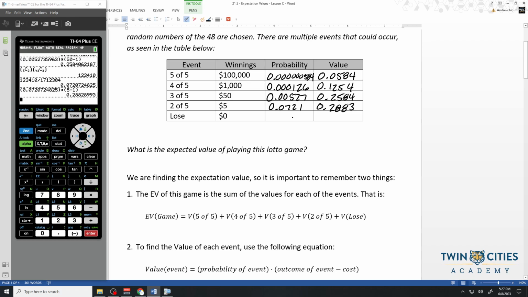I could add those together and say that's my overall probability of winning. So let's first do that. Let's do 0. Let's see, I've got 1, 2, 3, 4, 5, 6 zeros here, and then a 584, plus 0.000126, plus 0.00527, and then plus 0.0721.